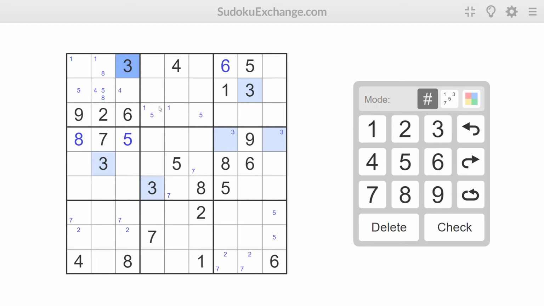Okay, this 3 and this 3 will take care of this, and this spot, so we can safely put in 2 3s here.